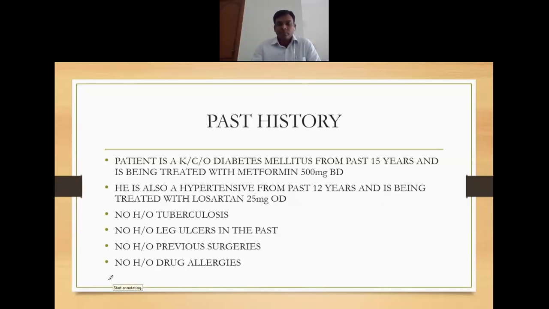Sometimes if he is both hypertensive and diabetic, you will also be interested in knowing whether he is on any antiplatelet drugs. Most of the time, if both are there, he will be on either aspirin, Cosprin, whatever. That is wise to know because eventually you will talk about surgery later, and at that time they will ask, have you taken a history of aspirin?